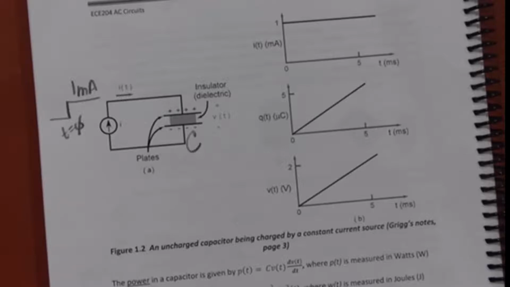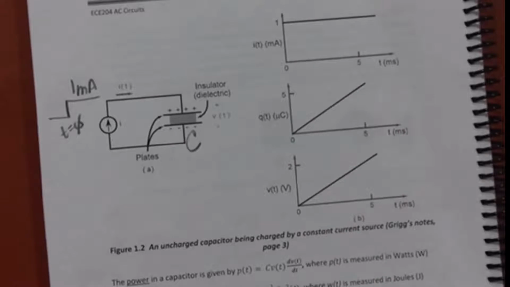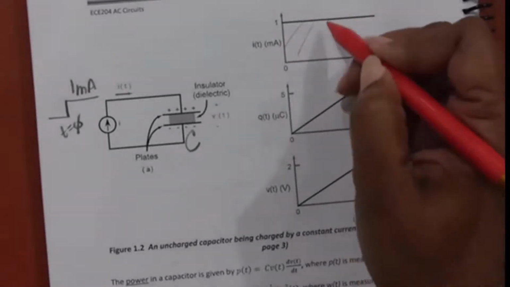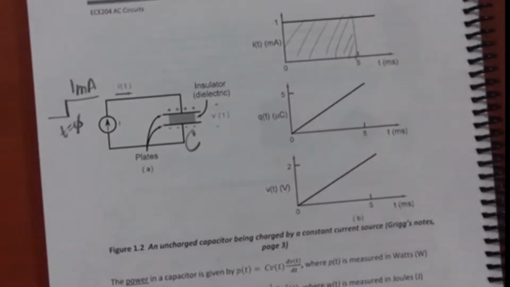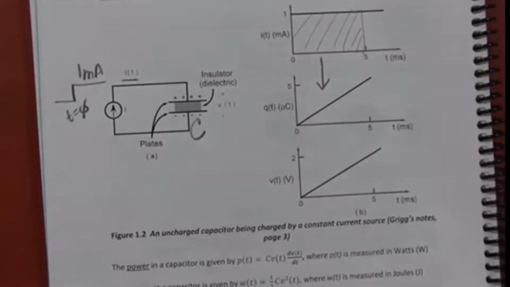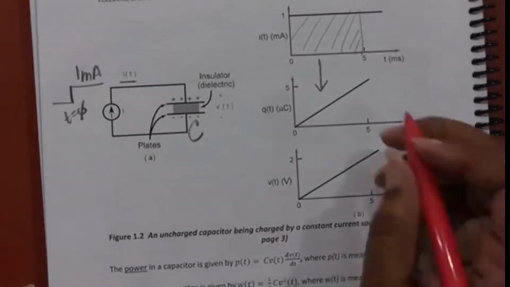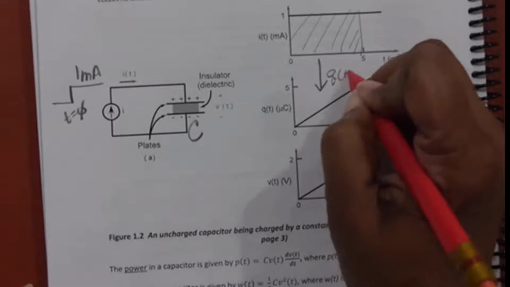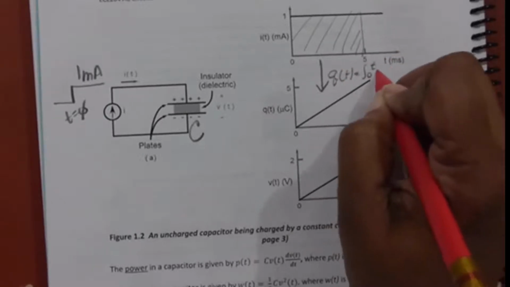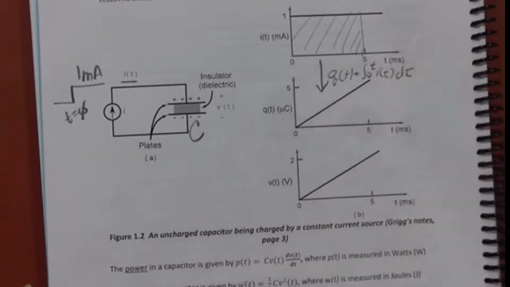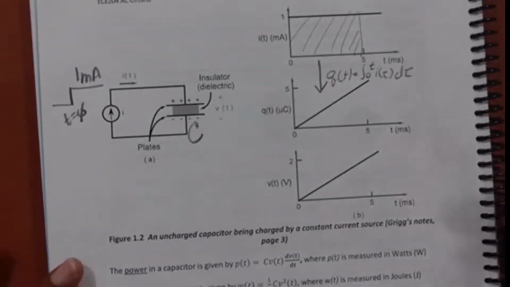My capacitor charges up to 5 microcoulombs. That makes sense because that should be the area under that rectangle. Remember, the relationship between current and charge is that Q(t) is equal to the integral from 0 to t of i(tau) d tau.